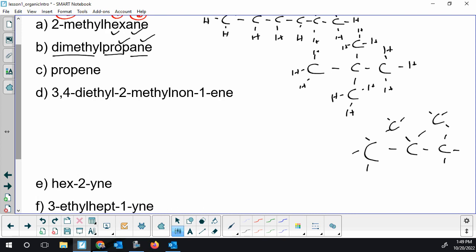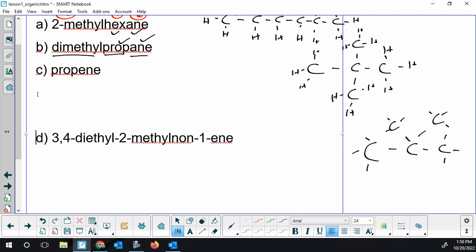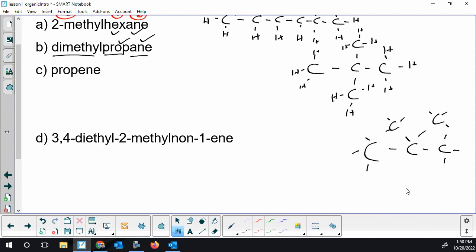Propene is also a little bit tricky because there's no number, but it's a little easier than B if you can follow the rule: stem first, ending next. Prop, 1, 2, 3. Ene, there's no number, but the number would have to be the shortest way.